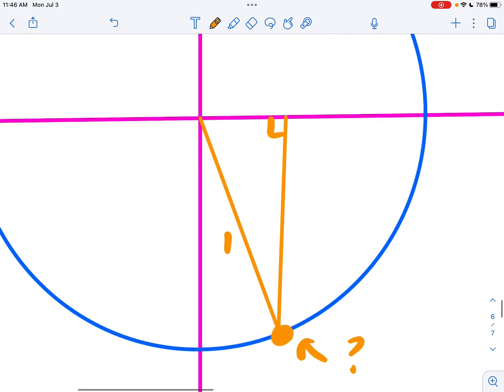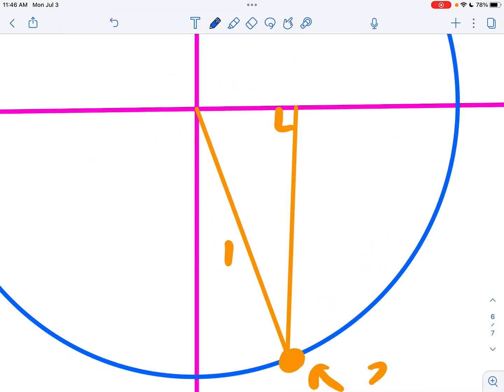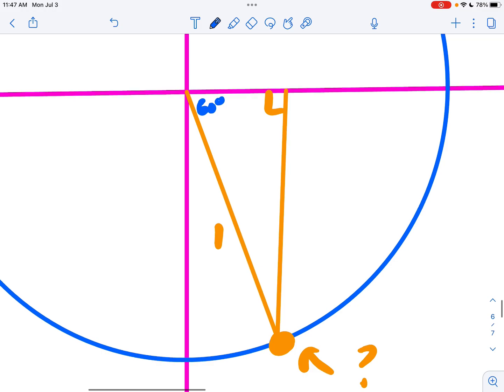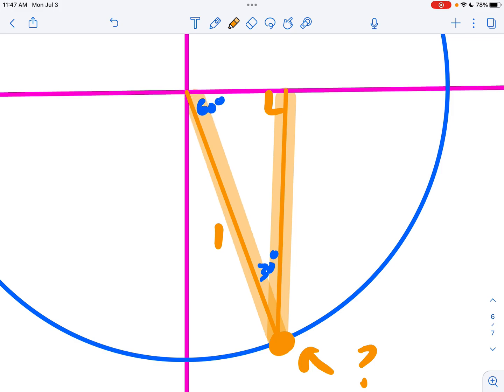I've created a triangle. Now, I know that this was a rotation of negative 60 degrees, which means this is a 60-degree angle, not worrying about the orientation. This is a 30-degree angle. And what we have here is a 30, 60, 90 triangle. We're going to start noticing a lot of examples where we can find a 30, 60, 90 triangle in our diagram.